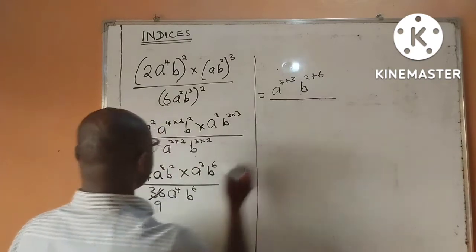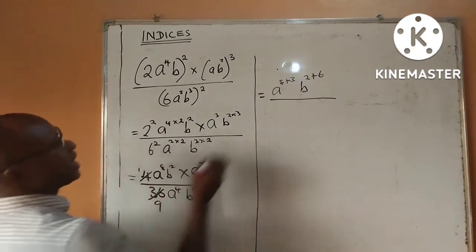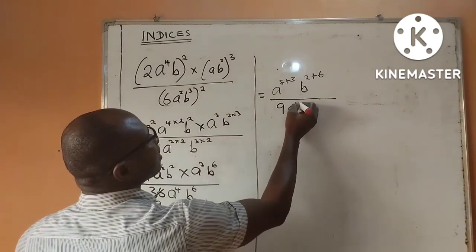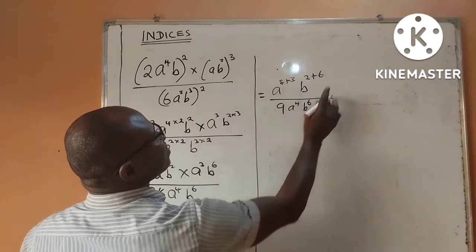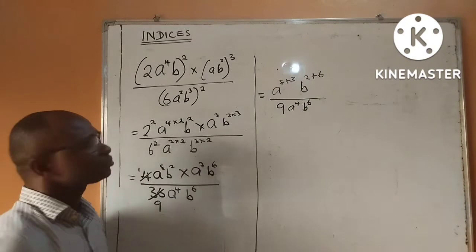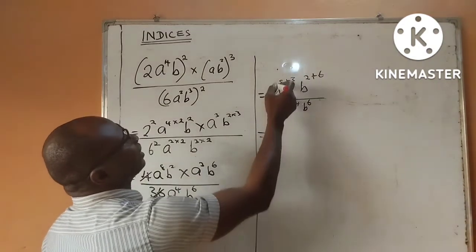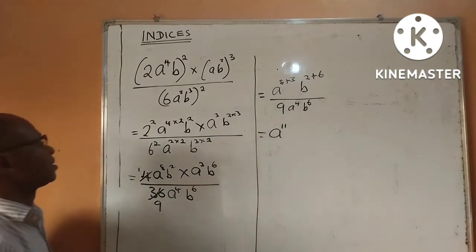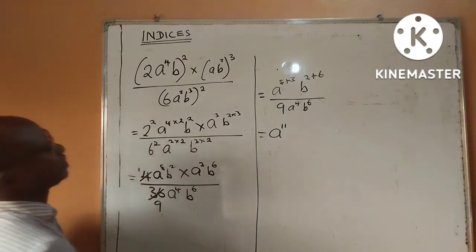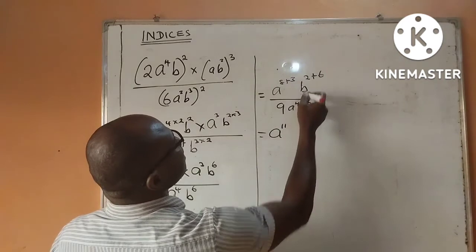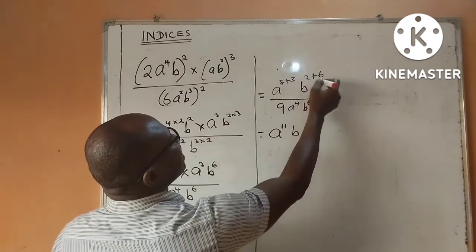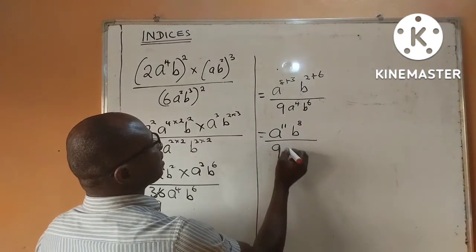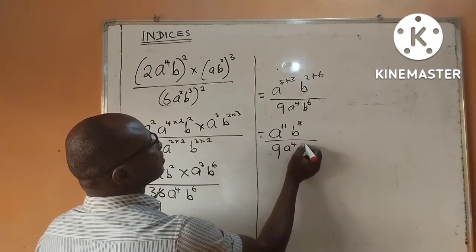Next, as we continue, at the denominator, I will now have 9, then a raised to the power 4, then b raised to the power 6. We move on. This is going to give us a, then 8 plus 3 is 11. Next, I have b raised to the power 8 all over 9a raised to the power 4, b raised to the power 6.